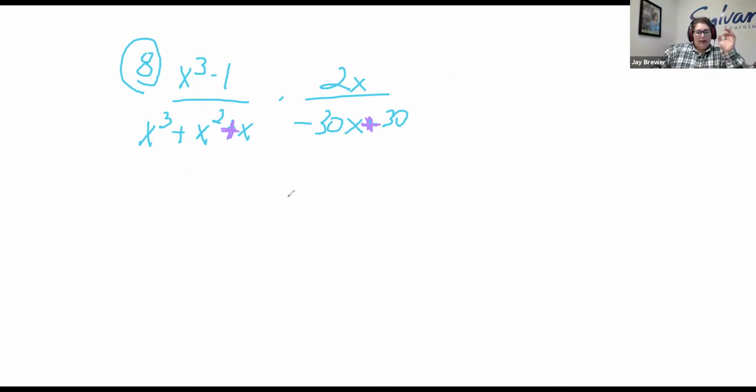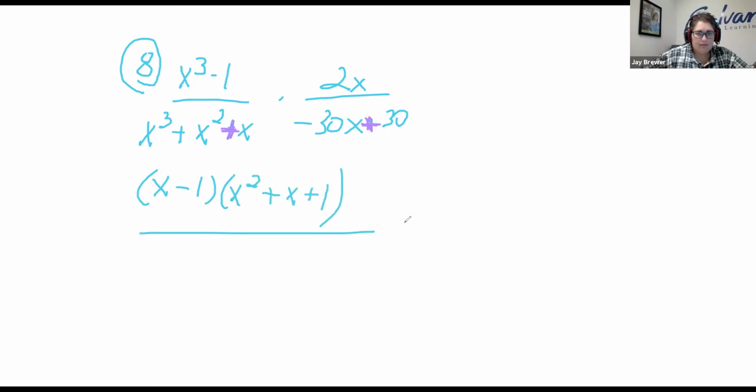All right, so in order to do this one, you have to go through and factor everywhere. To factor this one, we're going to use a difference of 2 cubes. All right, so you're going to have x minus 1, x squared plus x plus 1. All right, 2x. That doesn't really do anything. Then we're going to pull a negative 30 out. We end up getting x minus 1.